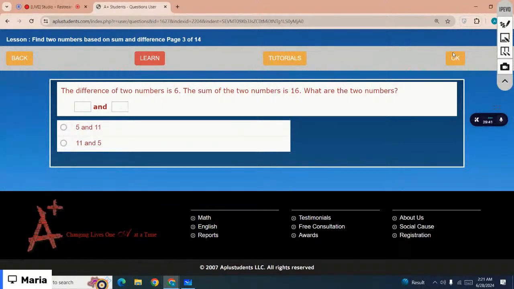The difference of two numbers is 6. The sum of the two numbers is 16. What are the two numbers? Which is the correct option?